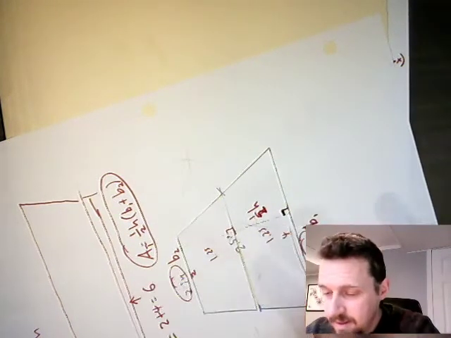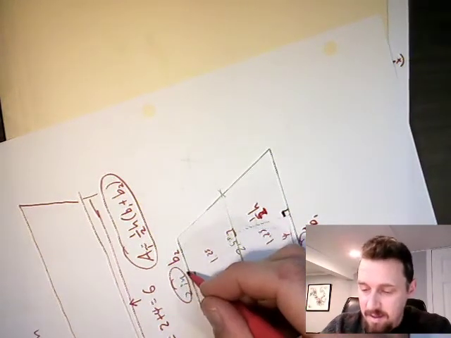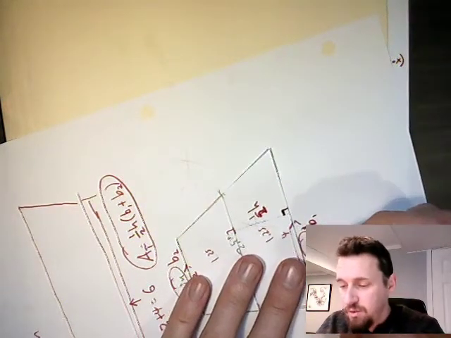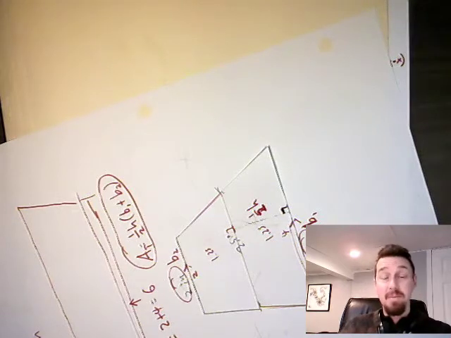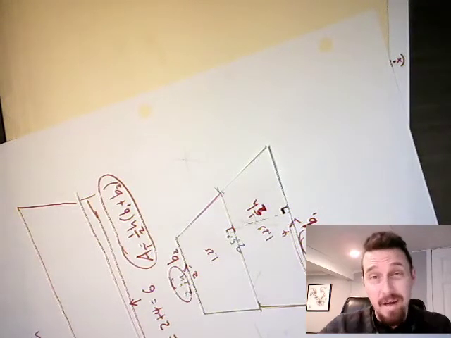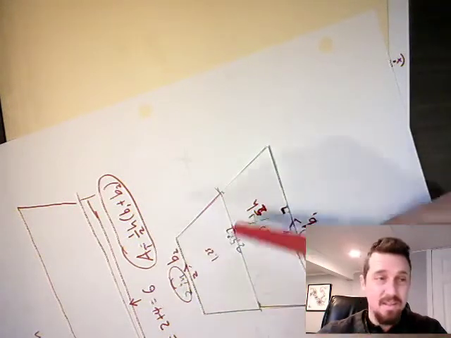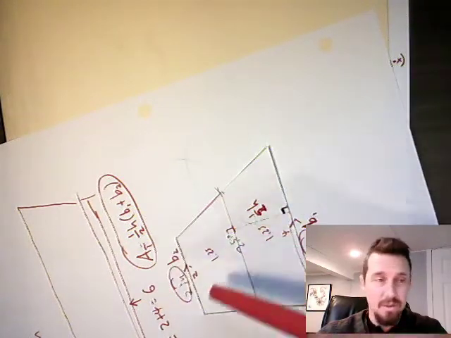But the bases are parallel. So no matter which way you turn it, we always think of the base as being like the bottom, but in this case the base isn't really the bottom. The two bases are the sides that are parallel to each other, and the two sides that are not parallel to each other are the legs.